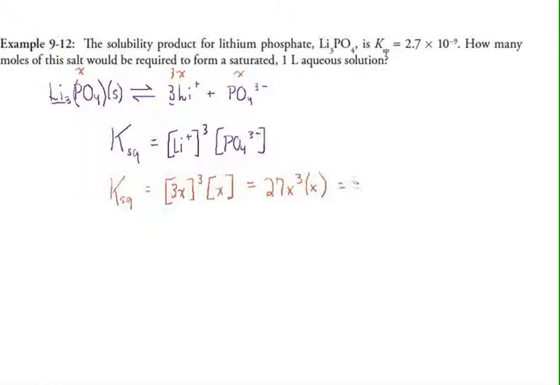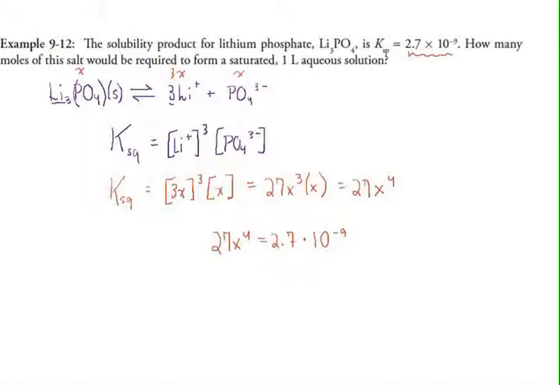So that simplified is going to give me 27x to the 4th power. Okay, and then and only then can I set all of that equal to my solubility constant, which they gave me up here, 2.7 times 10 to the -9th. And then I just have to solve for x.